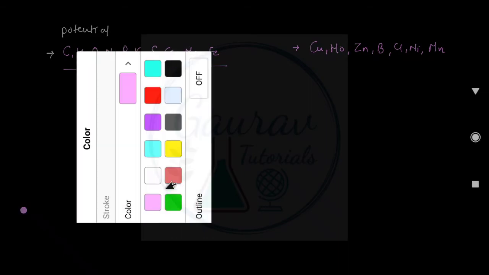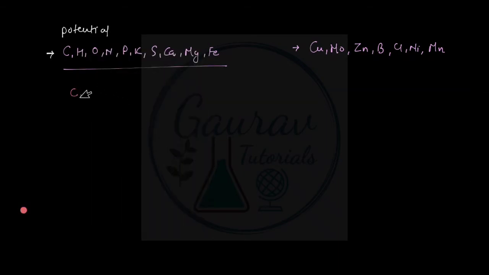Now, if we are talking about the macronutrients, of all these elements, I'll be majorly concerned about carbon, hydrogen and oxygen. These three elements are mainly absorbed as carbon dioxide along with water. Now we do appreciate the fact that both carbon dioxide and water are utilized for a process called something.